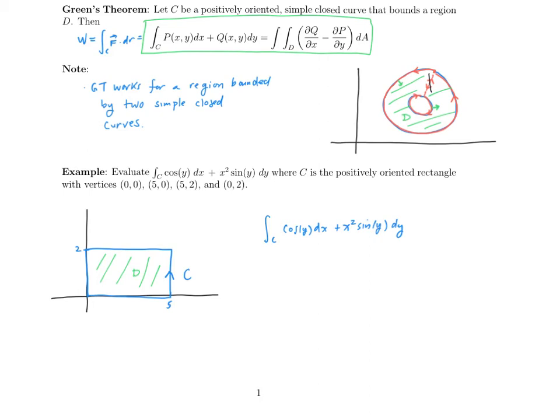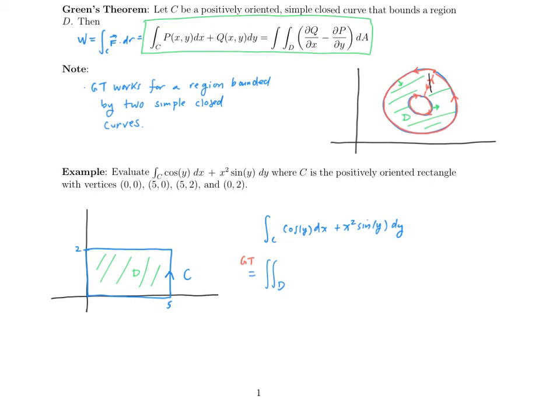And whenever we apply Green's theorem, we will always indicate it by putting a small GT over the equal sign, much like we did with the fundamental theorem of line integrals. Green's theorem implies that this would be the double integral over that rectangular region D, and we'll be integrating ∂Q/∂x minus ∂P/∂y.